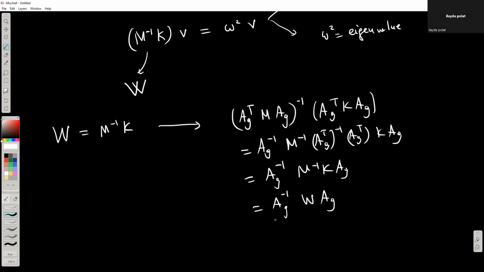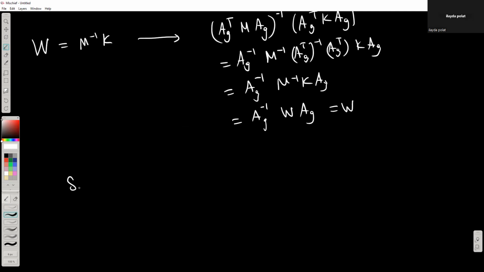However, if G is a symmetry operation, then we get the same M and the same K, so we get the same W. So that's the symmetry condition: this W matrix transforms like that, which is equal to W. Under the symmetry operation, the W matrix does not change.